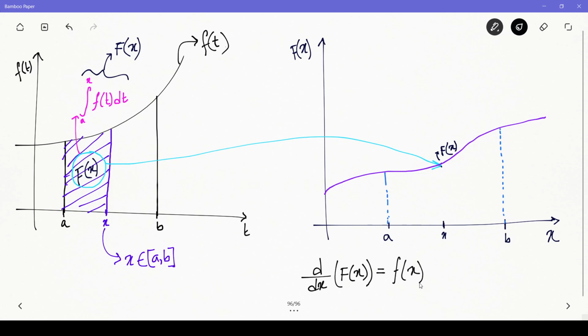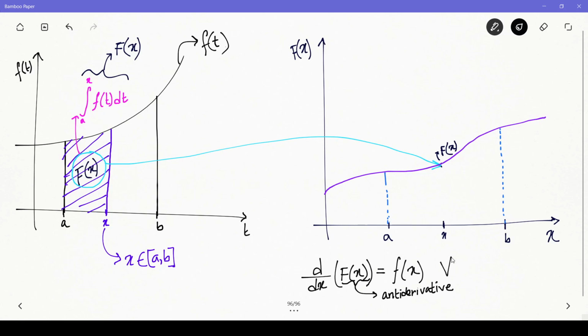So since the first derivative of the function capital F of x yields our original function small f of x, we call this capital F of x our antiderivative. Fine. And this is our original function, which was the actual integrand that we're trying to integrate, right? And this capital F of x is our antiderivative at the point x. So this is what the whole first fundamental theorem basically tries to imply.